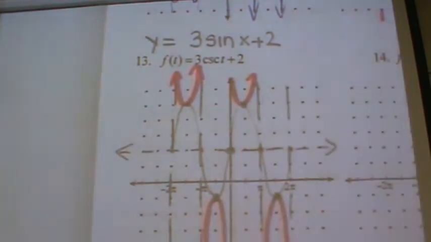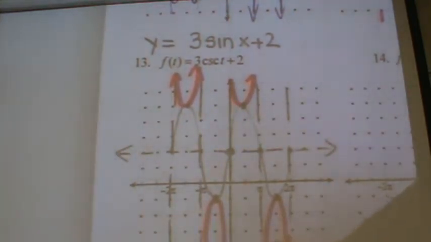That's it. You should have arrows at the end. Two up. And it's the sine curve.